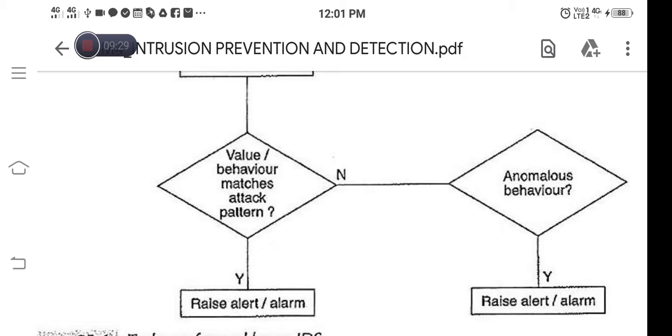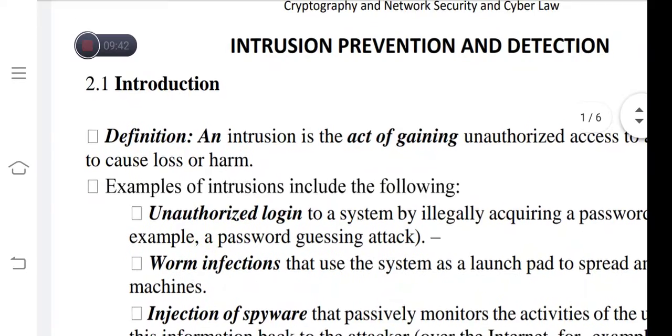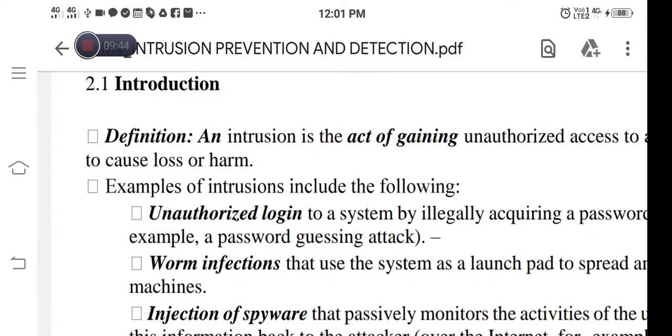Okay, so as a case study for this intrusion detection system, we have unauthorized user logins now. Initially we discussed examples of intrusion, that is unauthorized login.